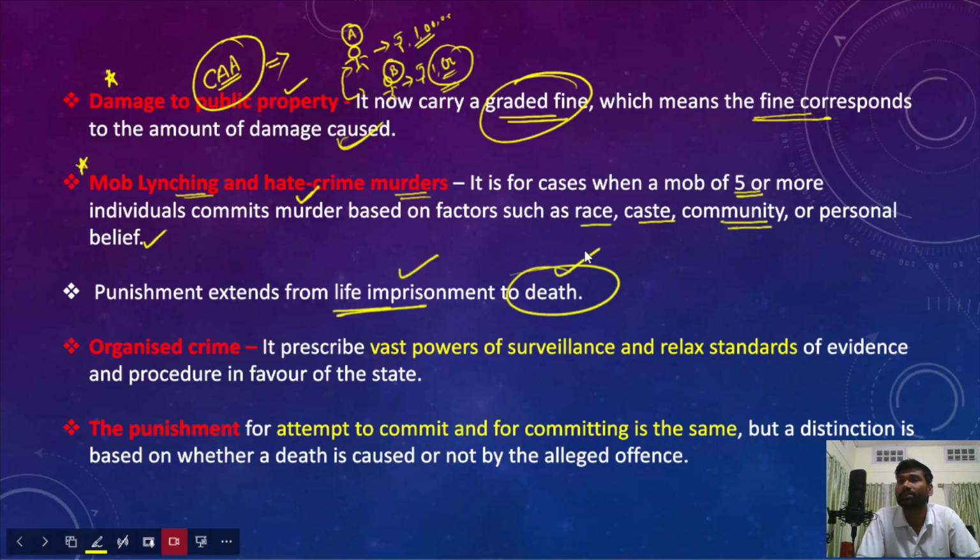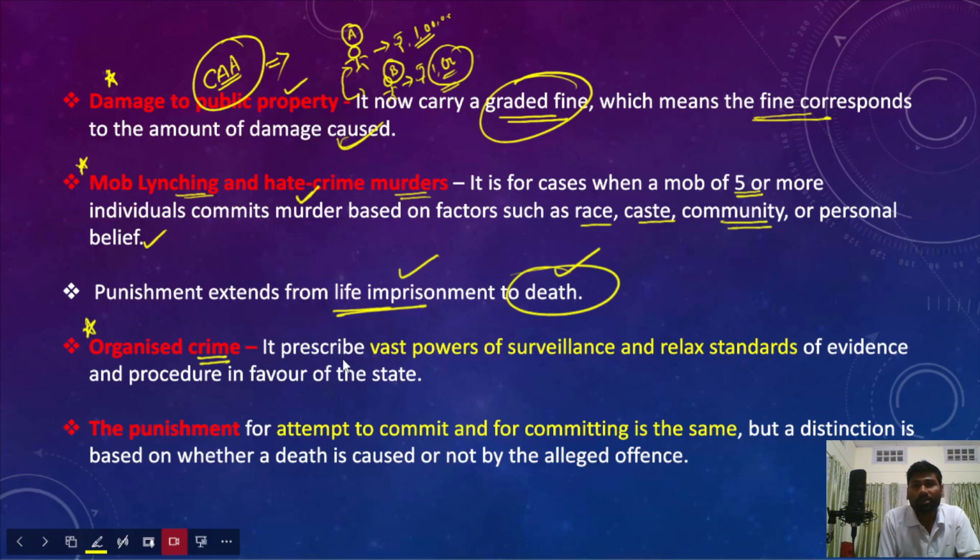And after that, the nature of crime has been changing, and organized crime has been increasing manifold in countries like India. Therefore, organized crime also has certain provisions in this Bharatiya Nyaya Sanhita.